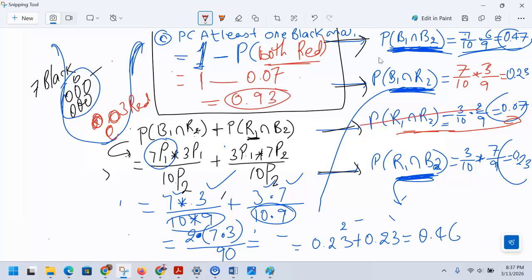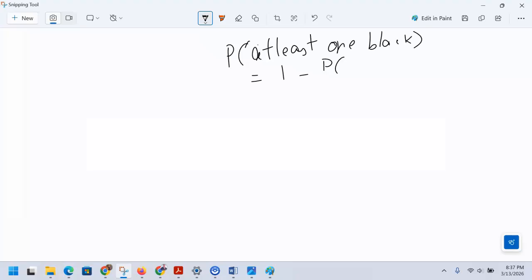But you may say, hey, what about this if we have not done all this? So I'm going to directly show that the probability of at least one black is the same. I wrote it as one minus the probability of both red.